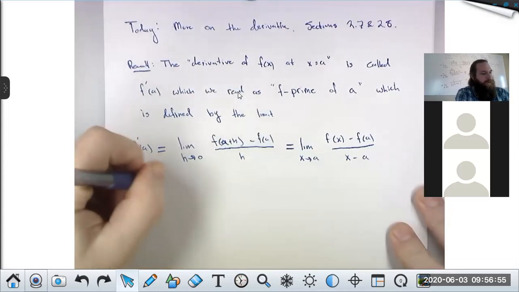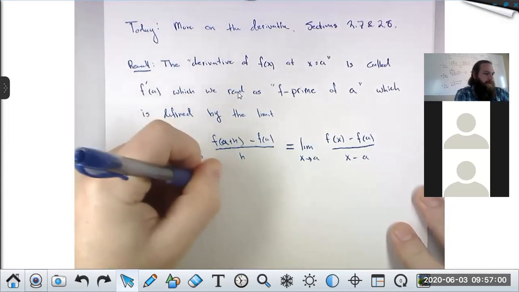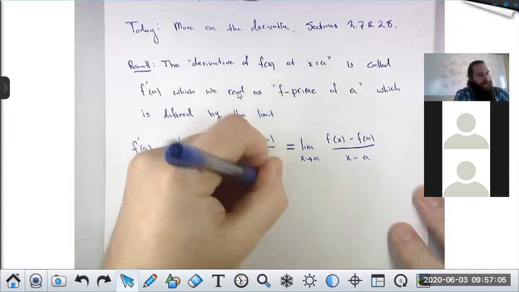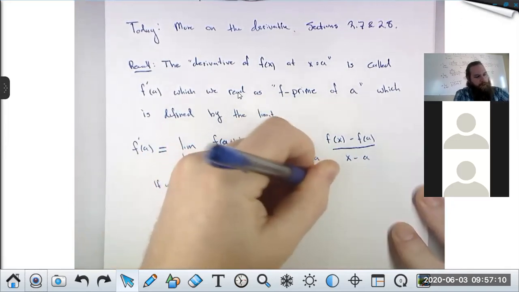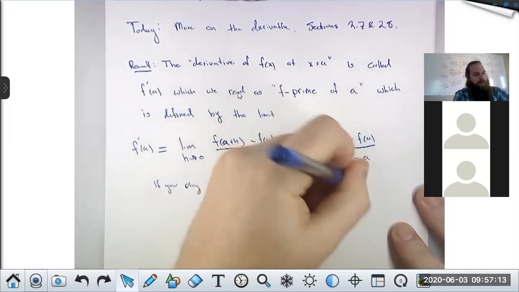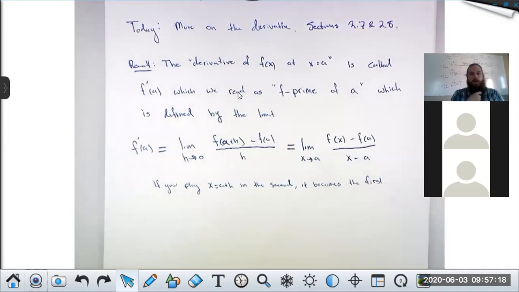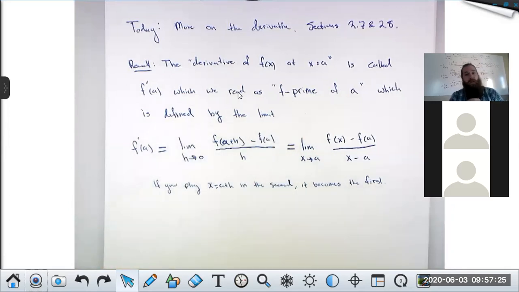If you plug x equals a plus h in the second, it becomes the first. Okay. So if you start working a problem using this definition, and for whatever reason the algebra is just unmanageably nasty, you might consider working it with this definition.